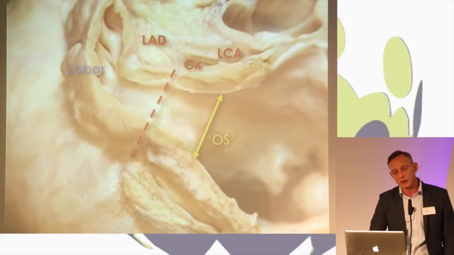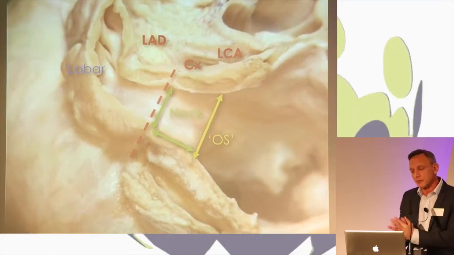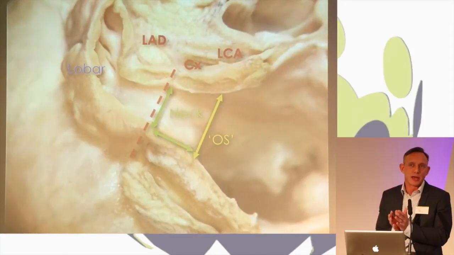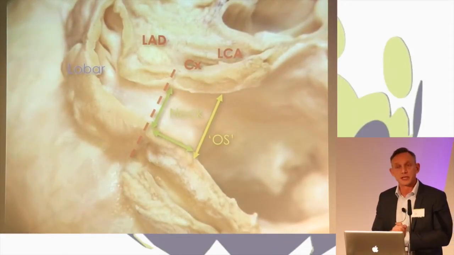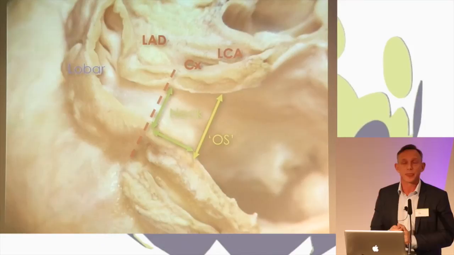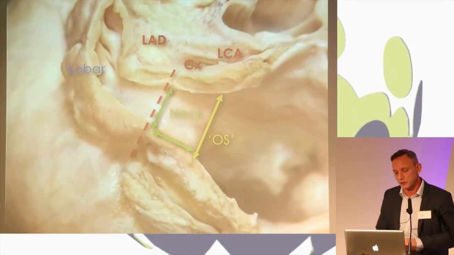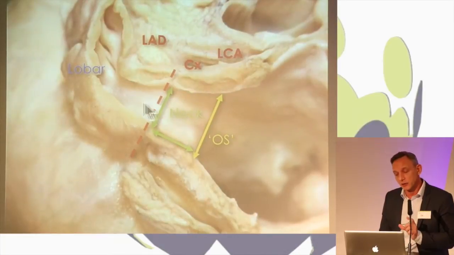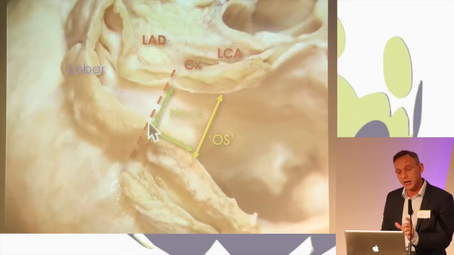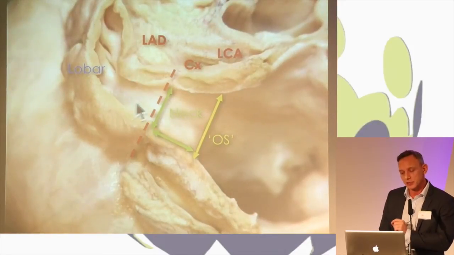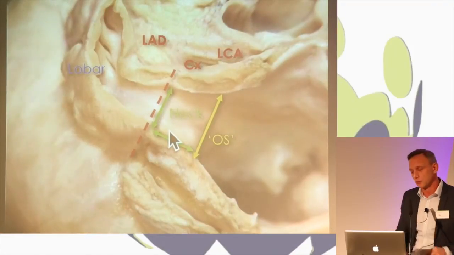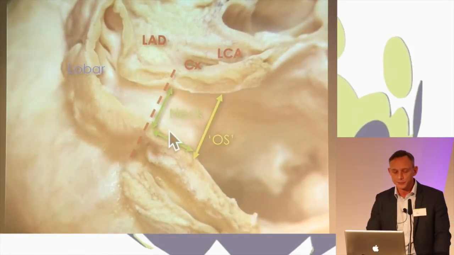In between the os and the circumflex, we have this region which we variably describe as the neck, and often that's a slightly thicker, smoother structure, although that can change. Our landing zone for a device may not be at the neck, may not be at the narrowest region. It may be just distal, or within the lobar region, or within the neck itself.